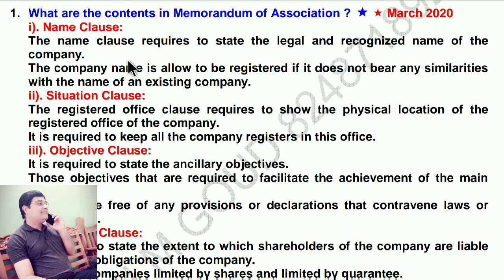Name clause. The name clause requires stating the legal and recognized name of the company. The company name is allowed to be registered if it does not bear any similarities with the name of an existing company. Situation clause. The registered office clause requires showing the physical location of the registered office of the company. It is required to keep all the company registers in this office.